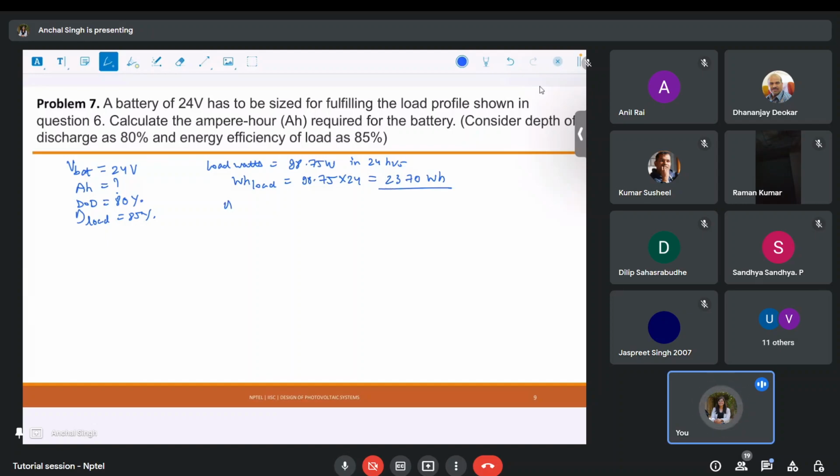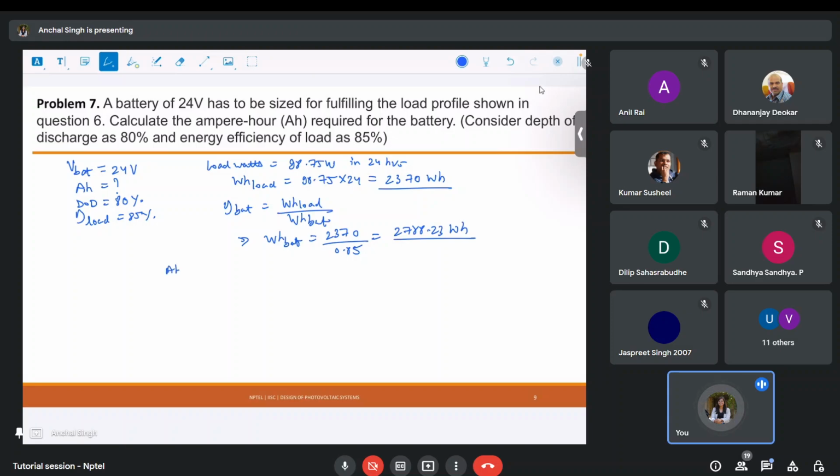Now efficiency is WH load by WH battery. This will imply WH battery will be equal to WH load by the efficiency, which is 2370 by 0.85. It will give me 2788.23 watt hours.